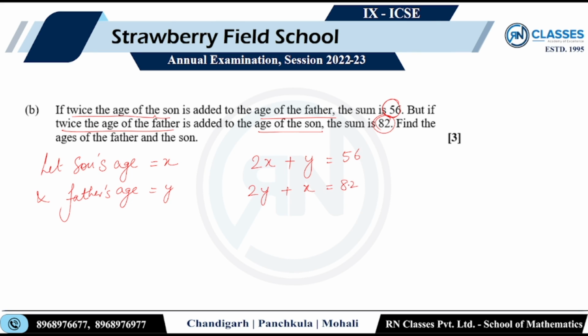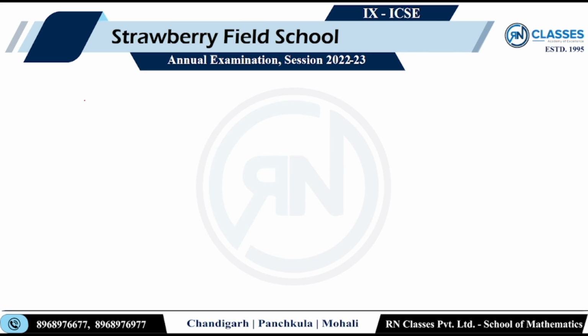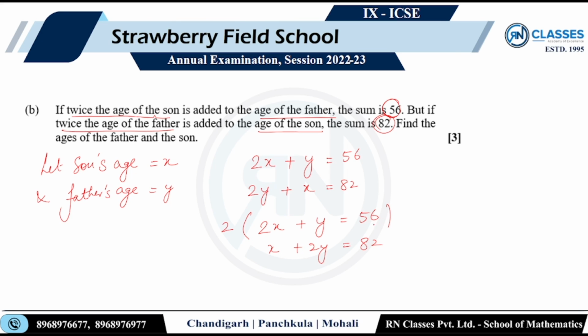So इसको पहले ठीक करके लिखते हैं. 2x plus y is equal to 56 and x plus 2y is equal to 82. I'll use the method of elimination. Equation number 1 को मैं 2 से multiply कर देता हूं. So equation would form as 4x plus 2y is equal to 112.